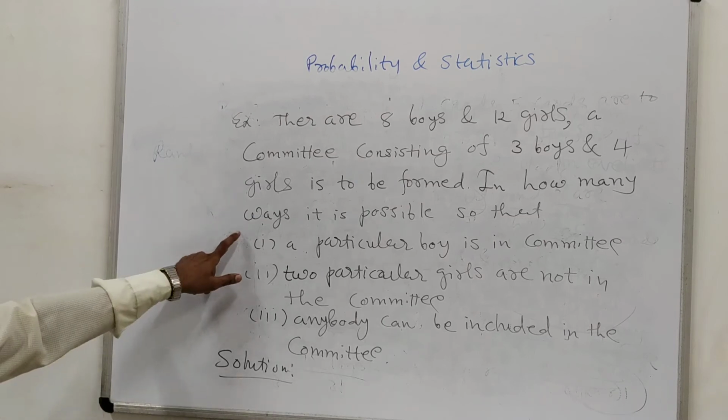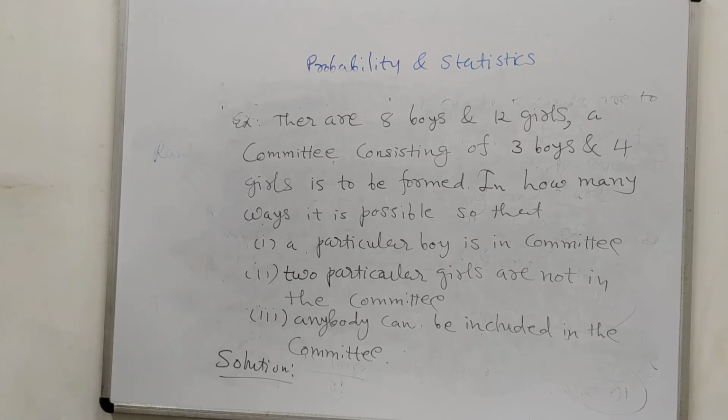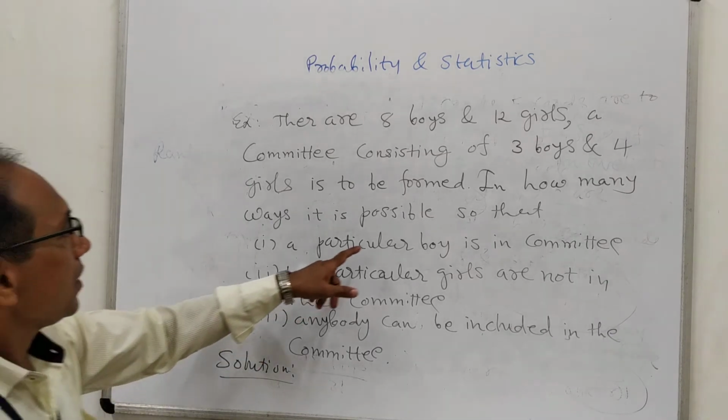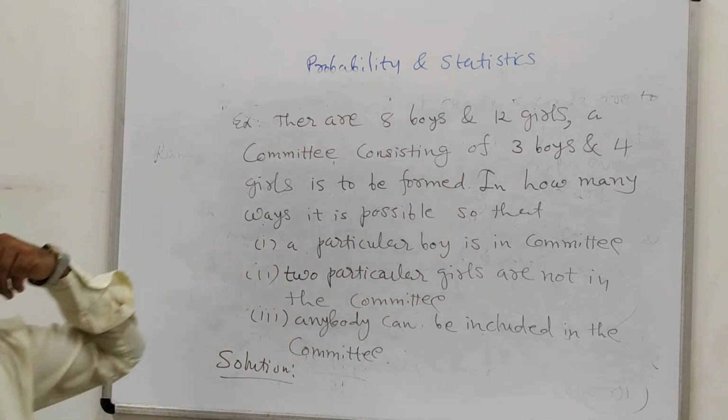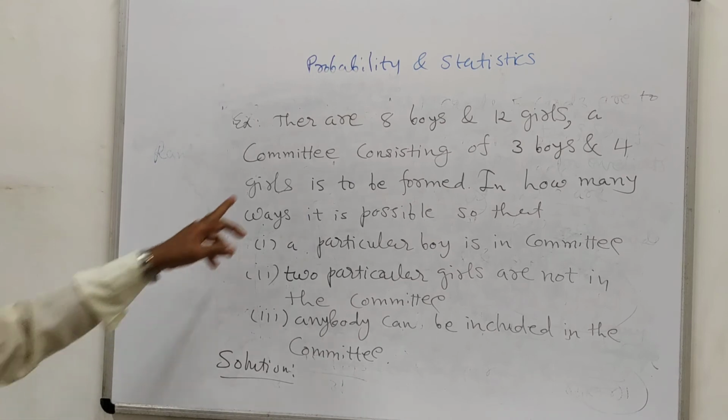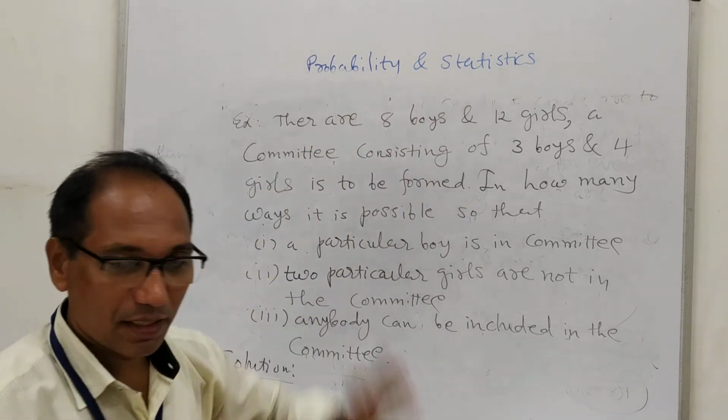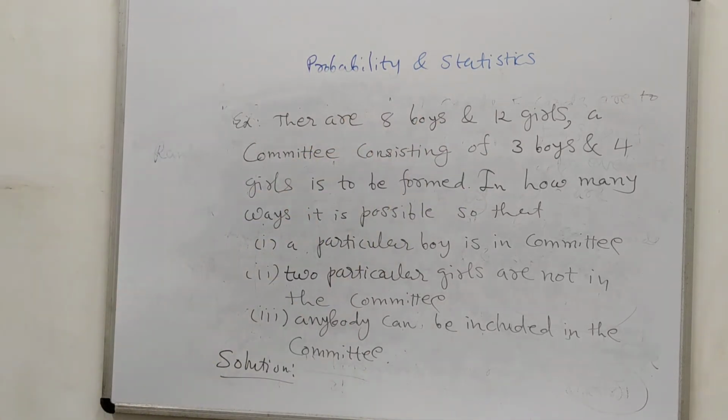This is the second line. Then the first part you should write down. The first part puts some weightage on the selection of the committee. The weightage means that a particular boy must be in the committee. That means the 3 boys we want to select, out of 8 boys we want to select 3 boys, but one particular boy must be there in the committee.